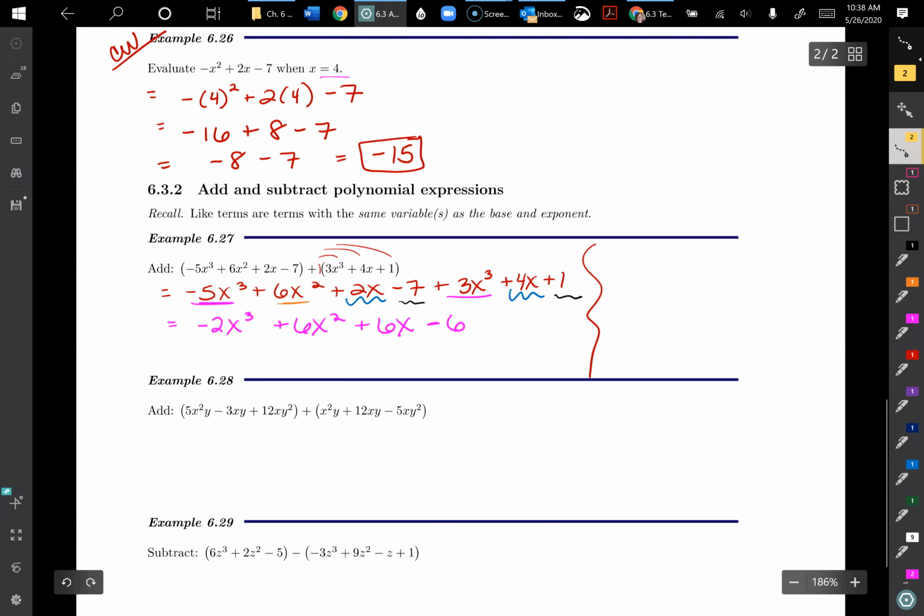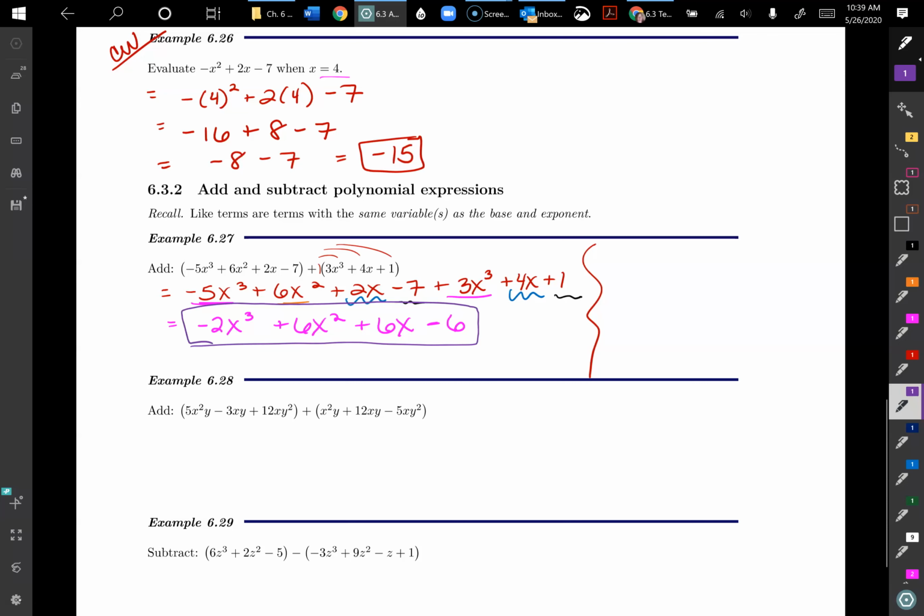For here, unless things literally canceled out, like if I had the same exact things with opposite signs, I should end up with an expression, not a number. Okay, not one number answer. So really be careful of that. I see people sometimes putting equals in between here somehow and then solving and give me x equals something. But that's not what we're asked to do. We're just asked to add expressions.